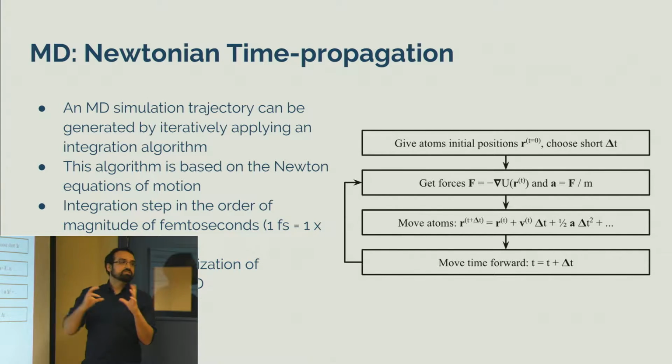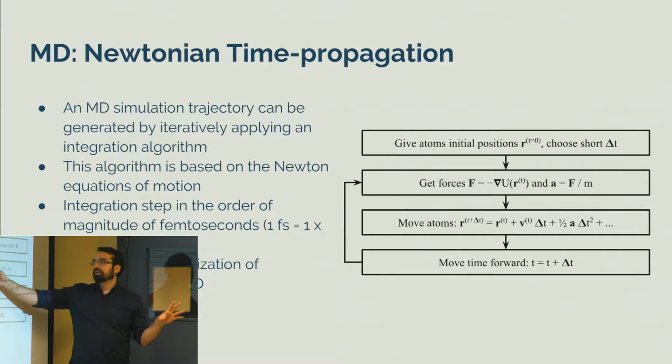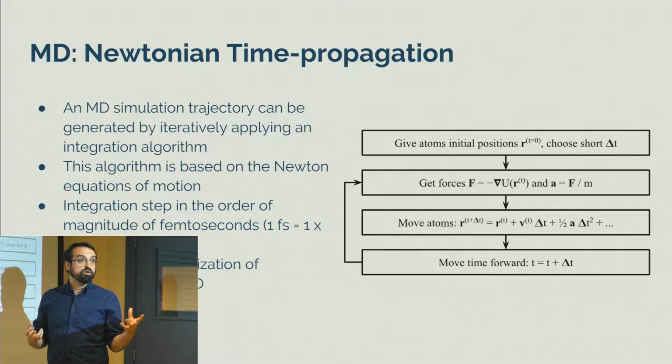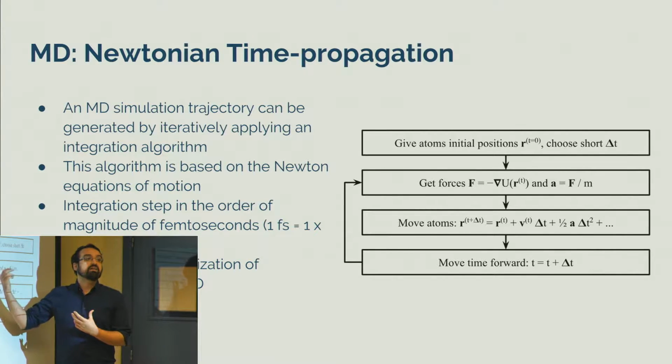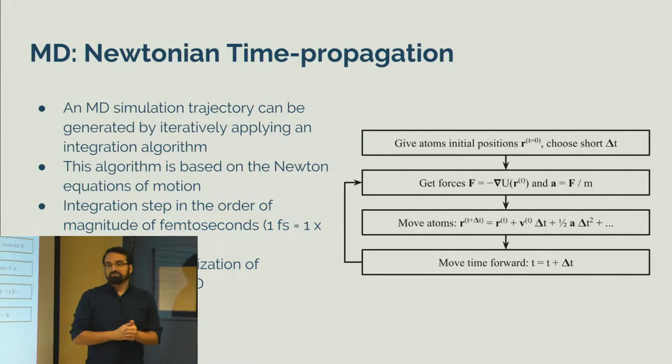So then we choose a small time step, and from our initial system and this energy function, our physical model of the system, we can get the forces by taking the gradient of this energy function. And with the forces, we can calculate the next position in time of this system, okay?